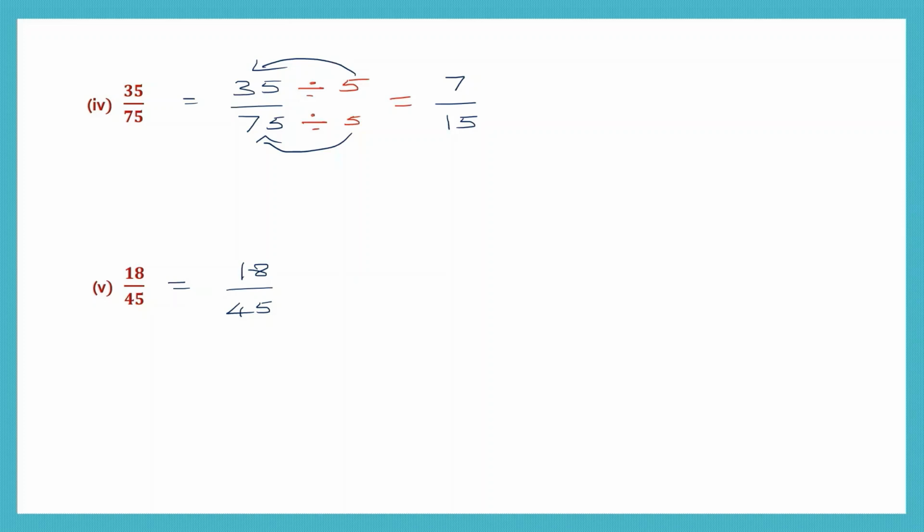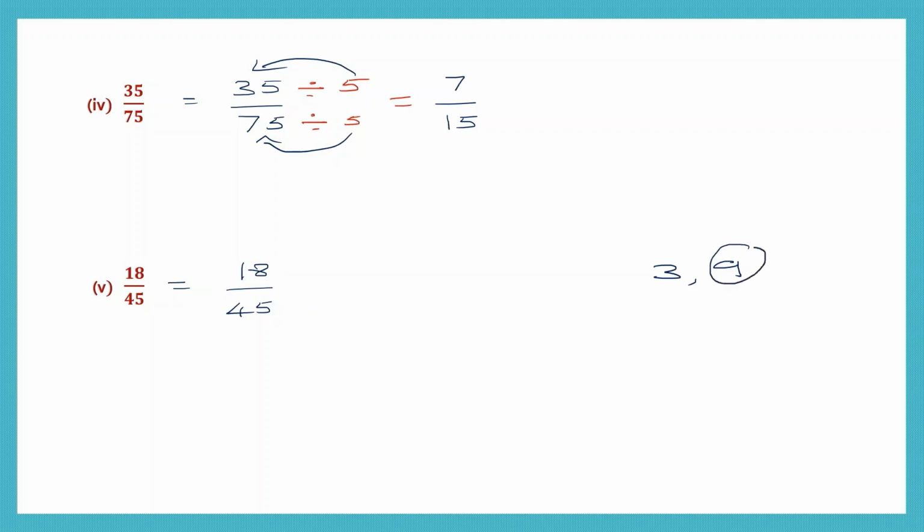Now, one is an odd number, one is an even number, so it's not divisible by 2. Now, 18 is divisible by 3 and so is 45. 4 plus 5 is 9, so it is divisible by 3. Now, it's also divisible by 9, isn't it? 9 twos are 18 and 9 fives are 45. Now, since there are two numbers, 3 and 9, let's use the bigger one.